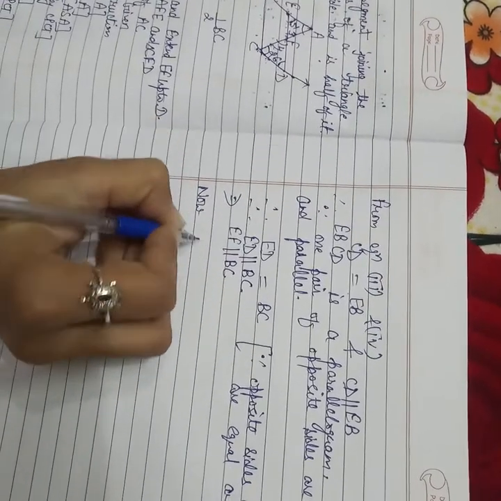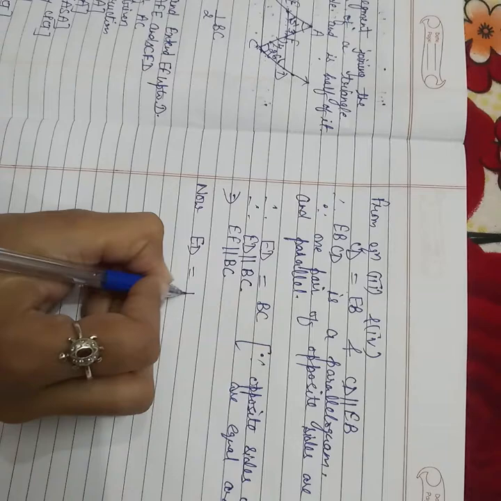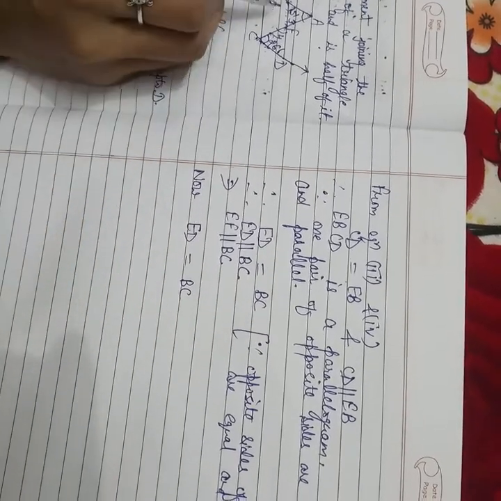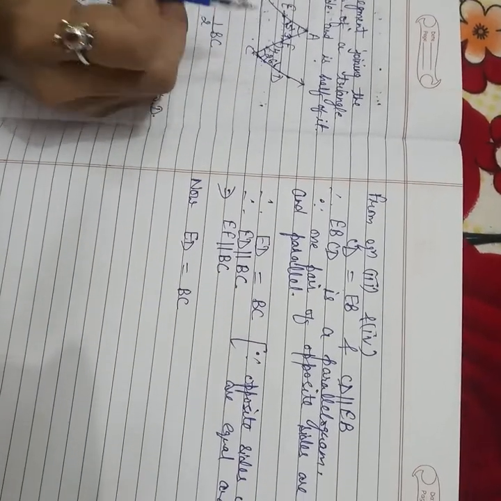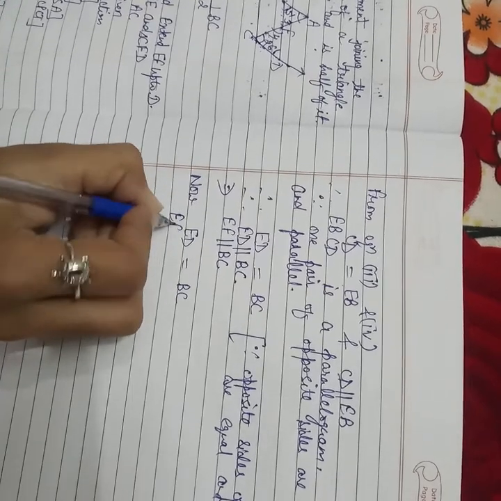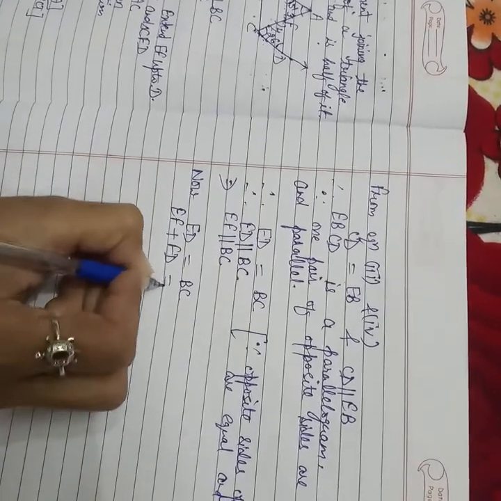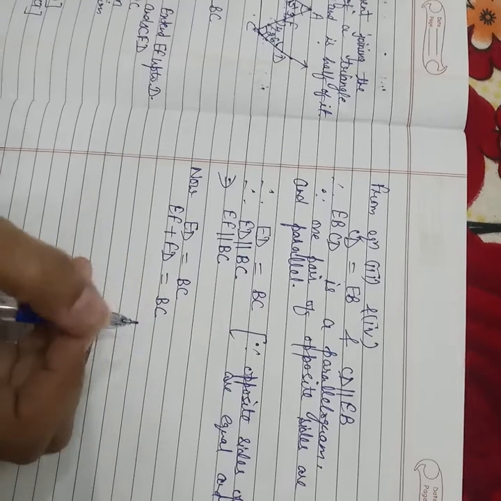Now ED equals BC, and we can write EF plus FD as ED. EF plus FD equals BC.